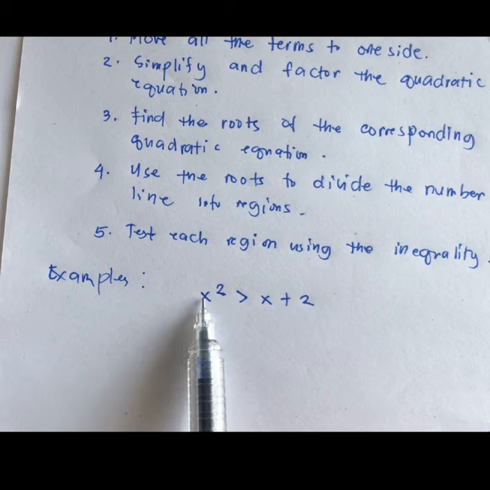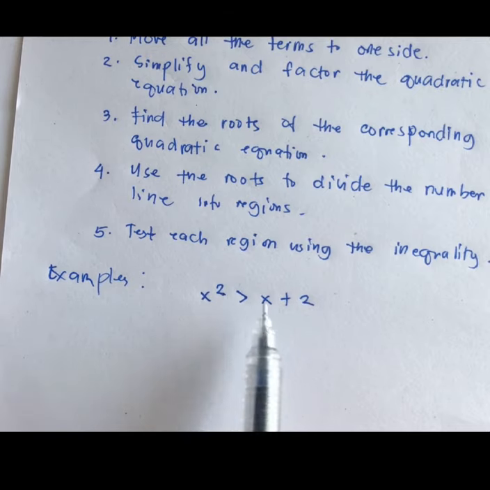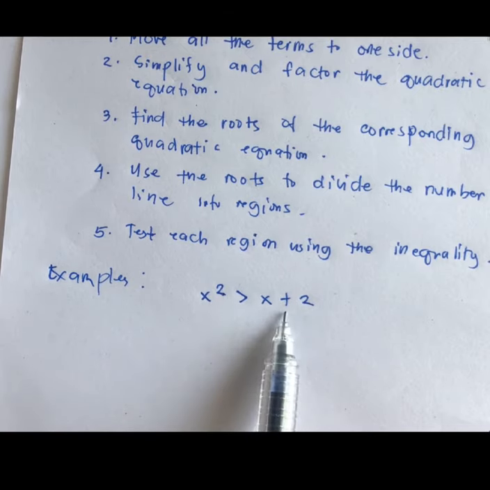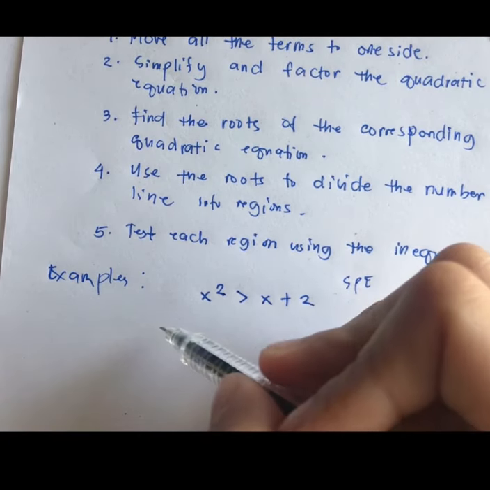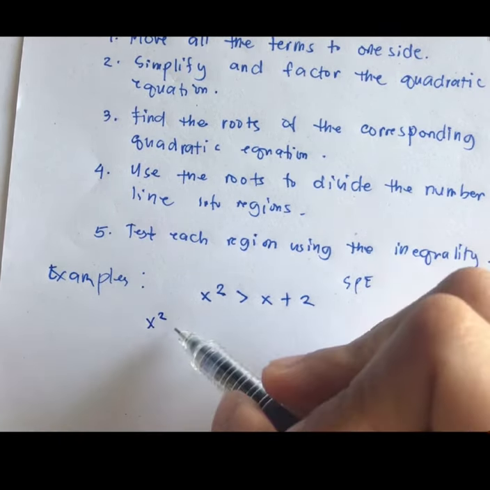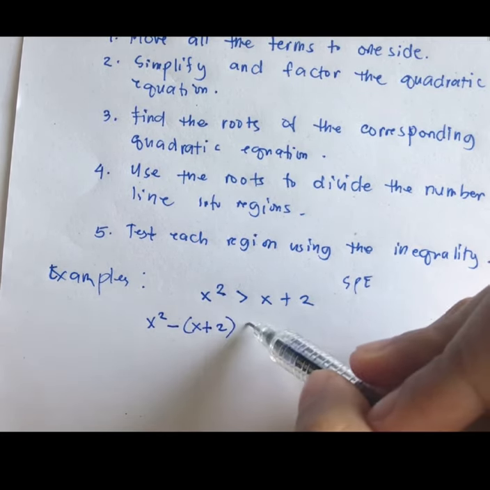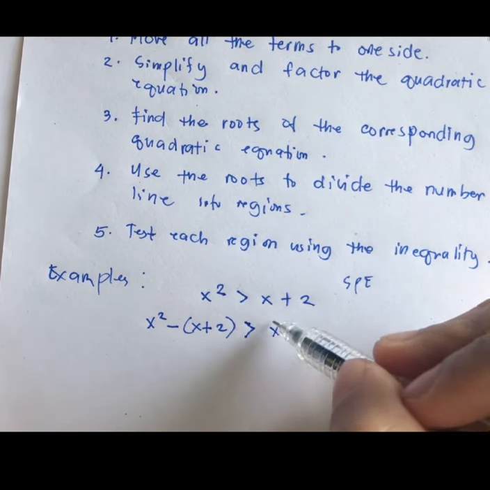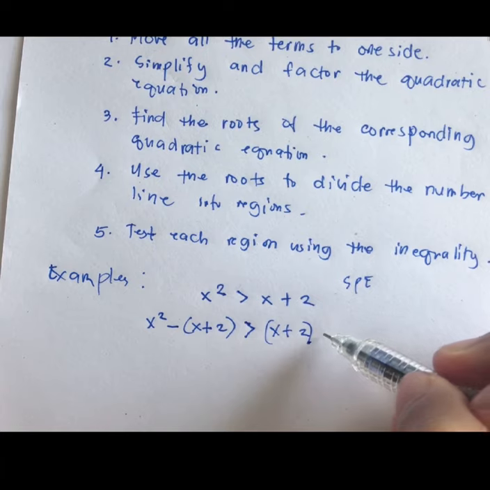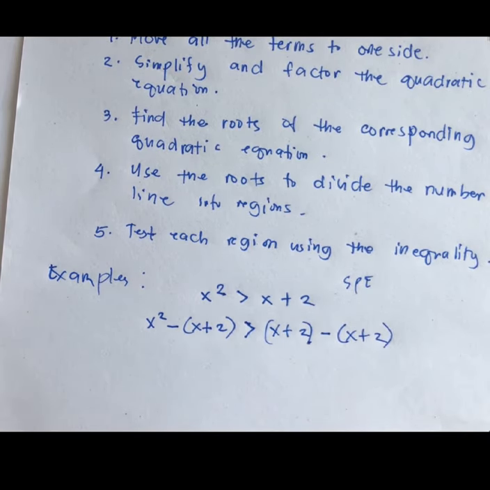But since the first term of our quadratic equation is x squared, since we have the degree 2, to make it easier we just use the subtraction property of equality, or subtract x plus 2, copy the inequality sign, and then we have x plus 2 minus x plus 2.